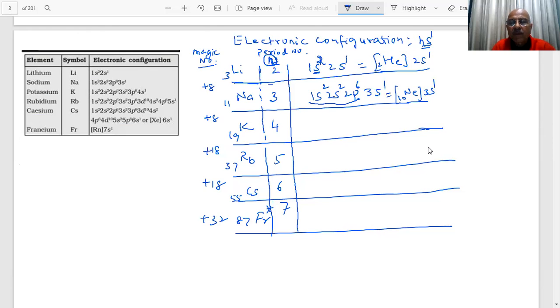What will be potassium? 4s1 will be the last one, fourth period. Then you will have to write the other ones, student. There will be 3p, 3s, then 2p, 2s, and 1s. How many electrons can you put in s? 2, 6, 2, 6, 2, 6. Does that make 19? Count it, students.